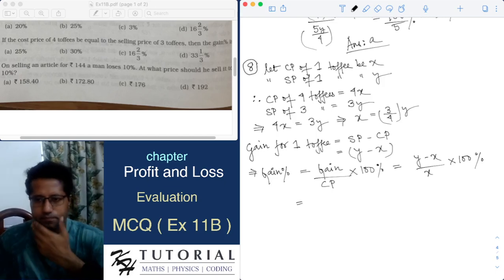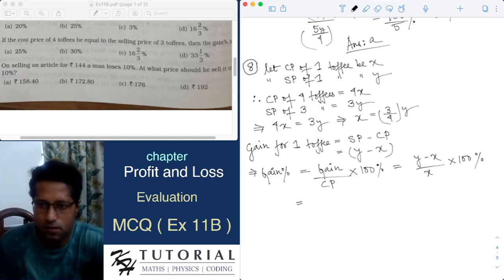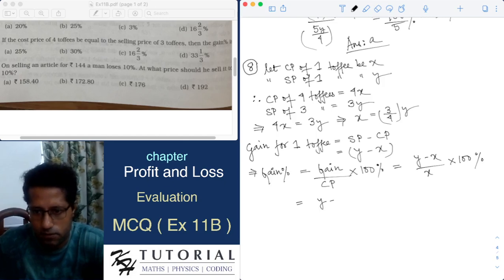Now if we substitute x by 3 by 4 y, we get y minus 3y by 4 divided by 3y by 4 into 100.